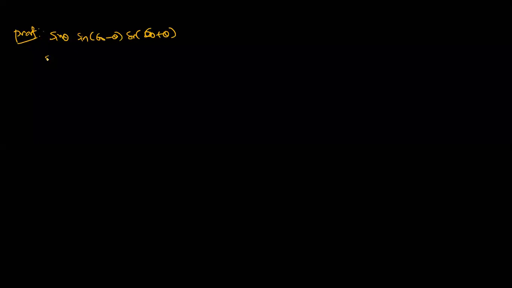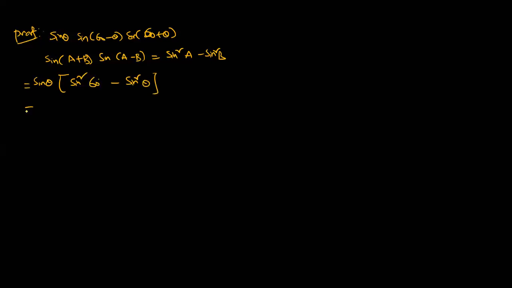First I'm writing one formula: sine of A plus B, sine of A minus B. What is the answer? Sine square A minus sine square B. Now I am using this formula: sine square 60 degrees minus sine square theta. So using this property.